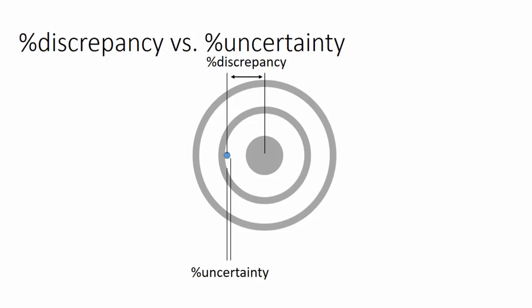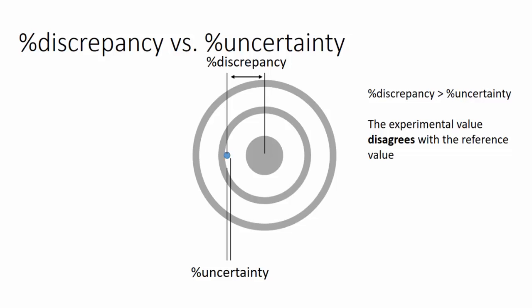By contrast, if we replace that same point with a very precise, fine point that we know very, very well, very low uncertainty, then we know for sure we missed, right? There's no chance that can overlap anywhere to our actual target. So this is the case where your percentage discrepancy is bigger than your percentage uncertainty, and so the results disagree with the reference value.